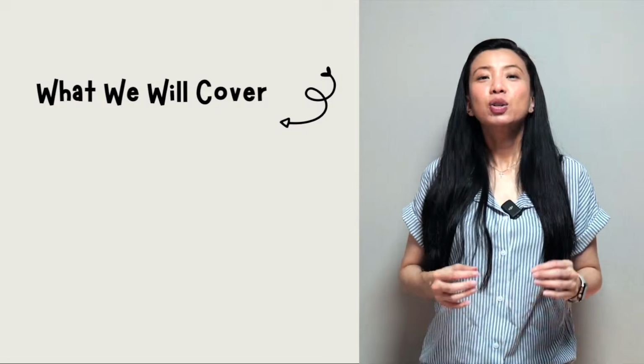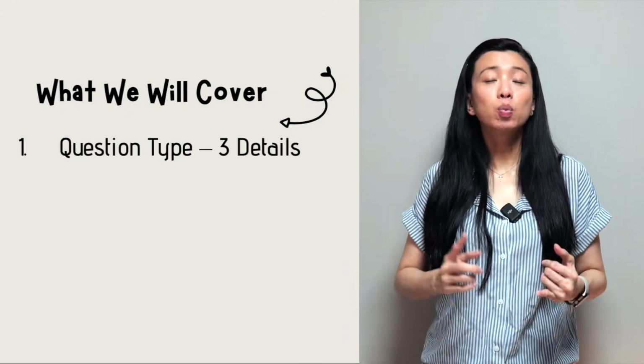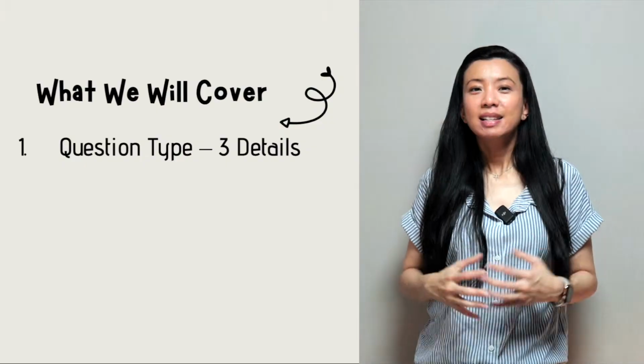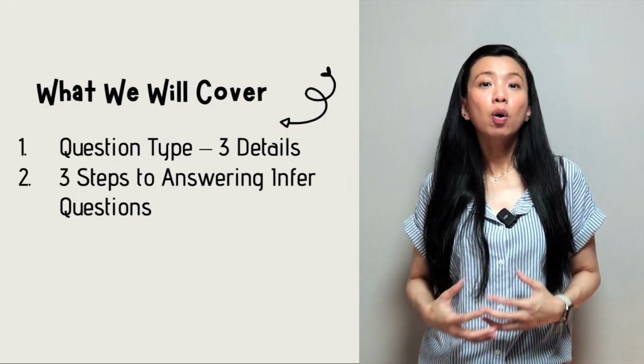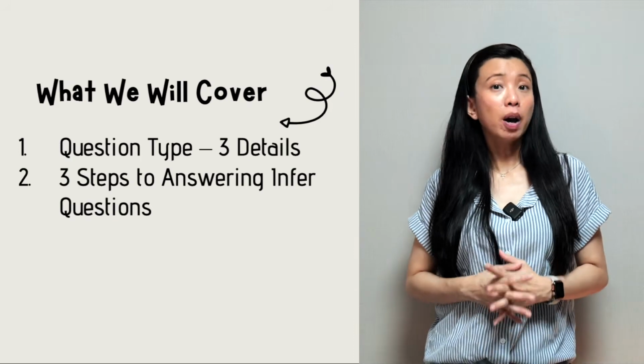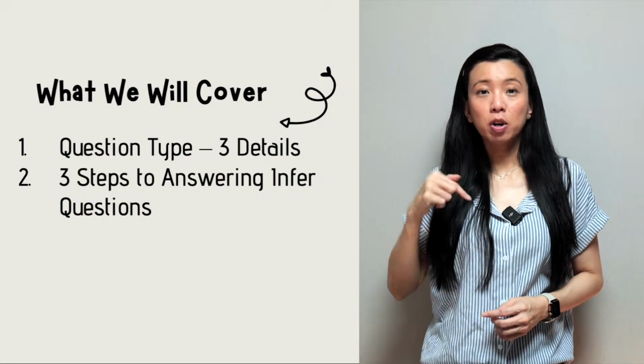So let's take a look at what we will cover in this lesson. The first thing we'll look at is what question type the 3 details comprehension question is. Secondly, we'll do a quick review of the 3 steps to answering inference questions. Now, I have a few other videos on answering inference questions. You can find them in the description box below.